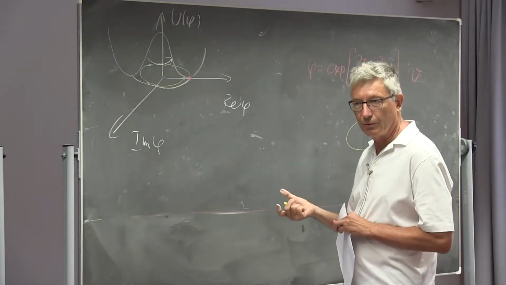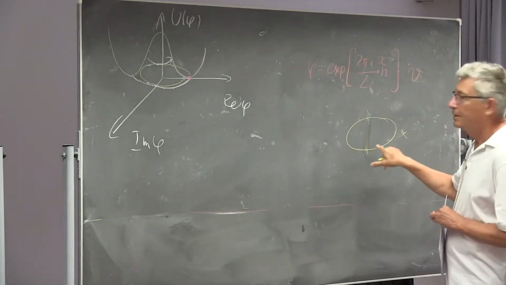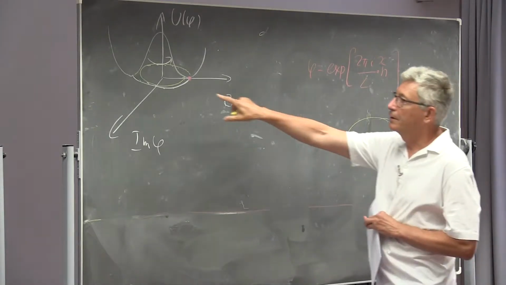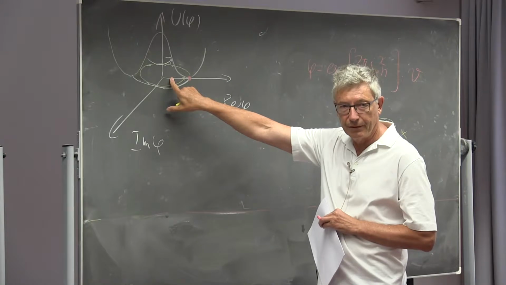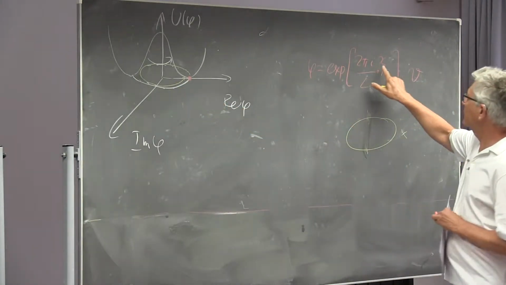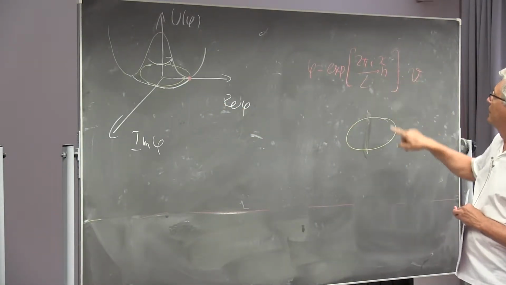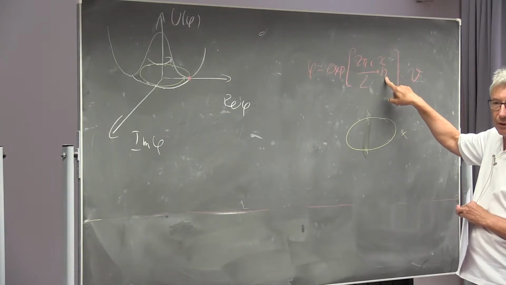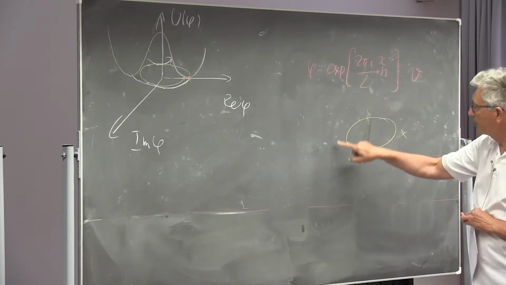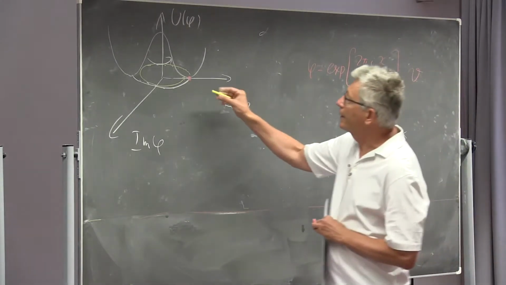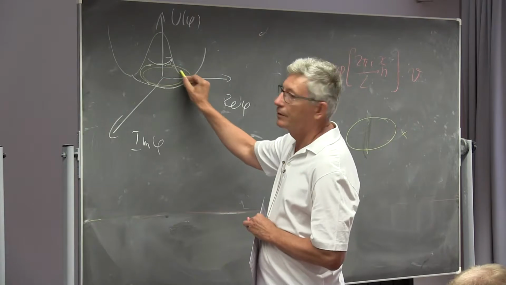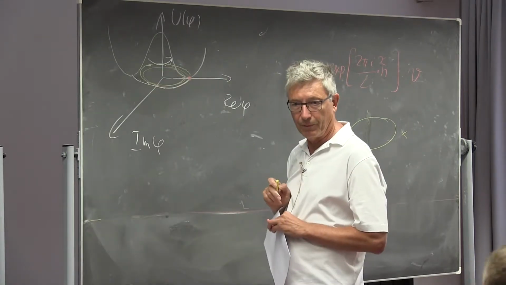We have a mapping of our spatial circle into the vacuum manifold. If you take n equal to 2, then what is happening? We go around once our spatial circle, and our scalar field goes twice around this loop.